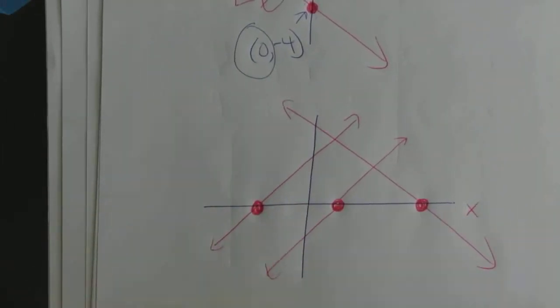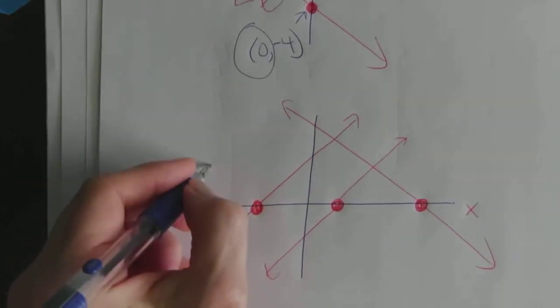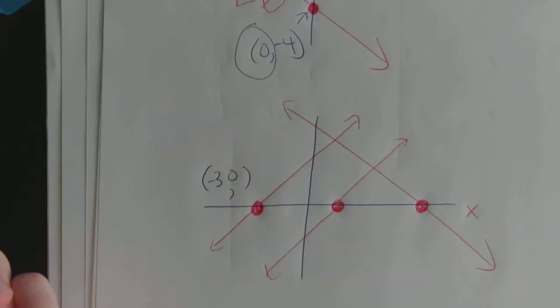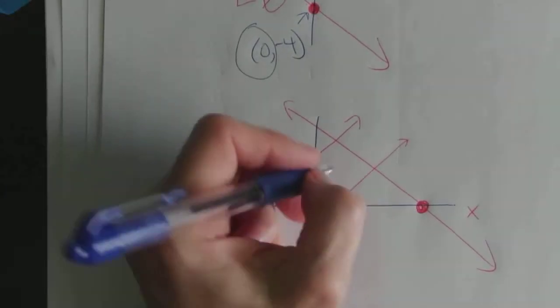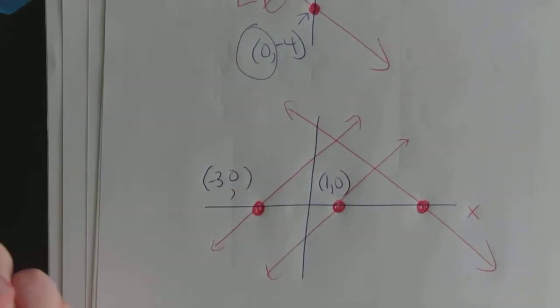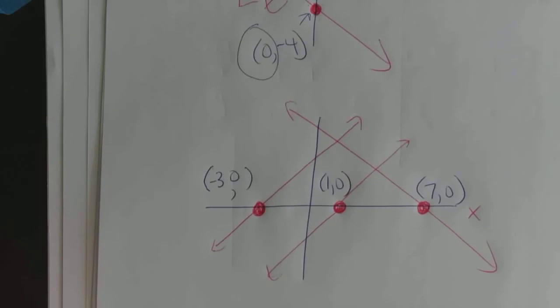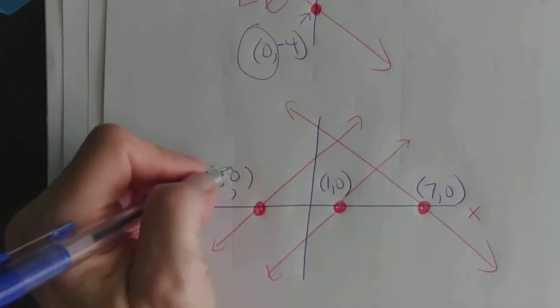So what do these have in common? Well, let's have a go at it. Let's see, this ordered pair here would be, I'm just guessing, maybe like -3, 0. This might be 1, 0. Maybe this is like 7, 0. What do they have in common?